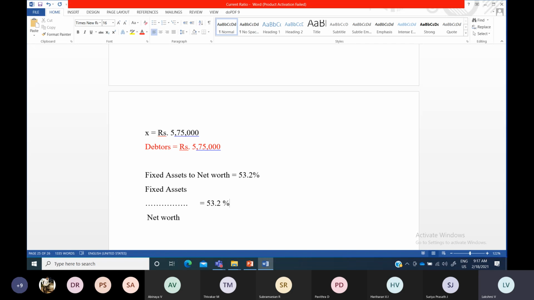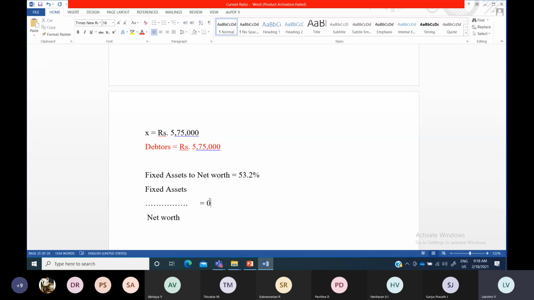So 53.2% means what? 53.2 divided by 100, that is 0.532, right? How do you rewrite 53.2%? 53.2 divided by 100, which is 0.532. So 0.532 you can mention straight away here.